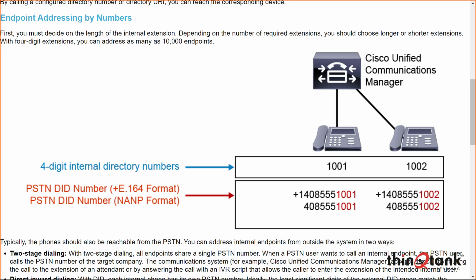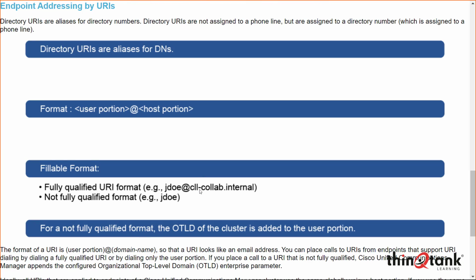All right. Now, what if I'm doing endpoint addressing based on a URI? This isn't that common. The URIs are not actually assigned to the phone line. They're assigned to the directory number. The directory number is still assigned to the phone, but then we have the ability to reach that destination by the fully qualified URI format, or some sort of not fully qualified name.